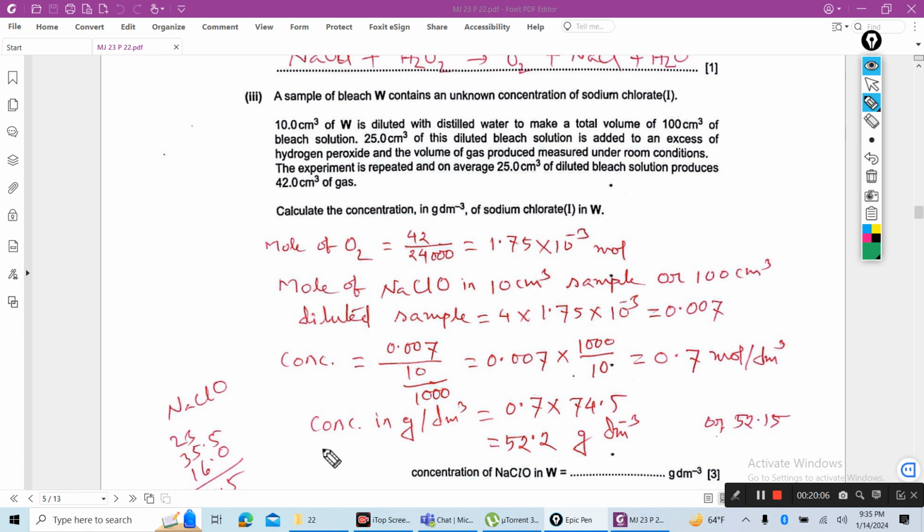Now you know the formula, concentration in gram per dm cube equals concentration in mole per dm cube times molar mass.